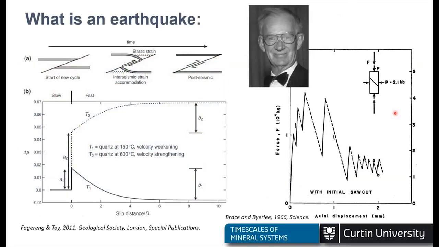The rock surrounding that fault will deform elastically, and eventually the combination of the force you're applying plus the elastic strain will cause that fault to break. And that gets into this concept of the seismic cycle, right? That process repeated over time tells you that earthquakes are going to be a cyclical feature. And you see this kind of sawtooth pattern that they showed from their laboratory experiments, which speak to that.